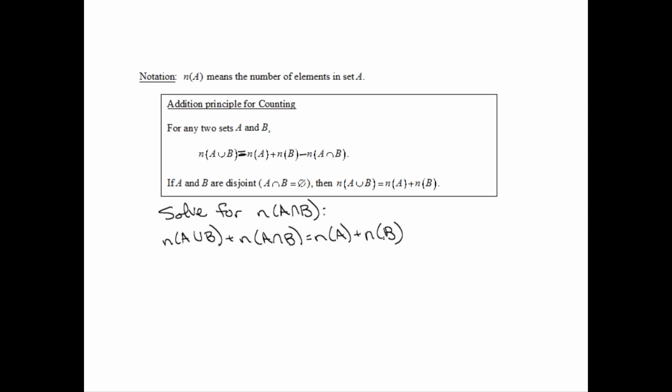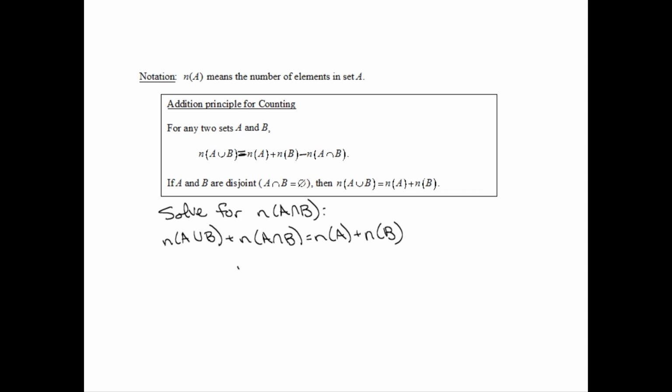Should point out something else on this. If you were to solve that formula for the number in the intersection, that means you would add n of A intersect B to both sides of your equation, which would give us this. Now what would we do?